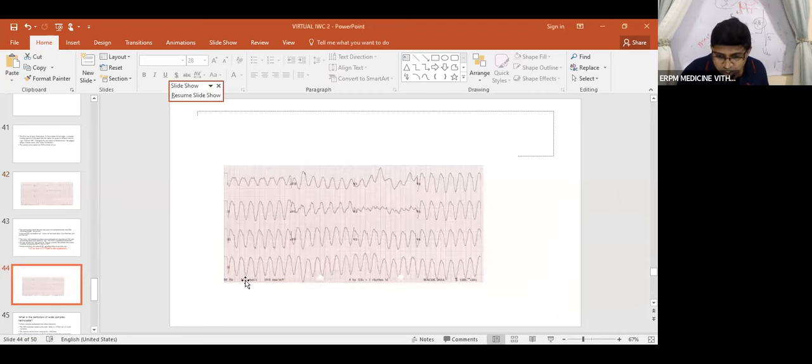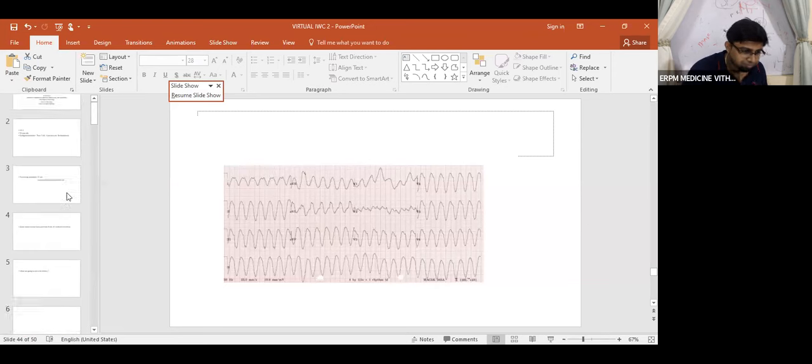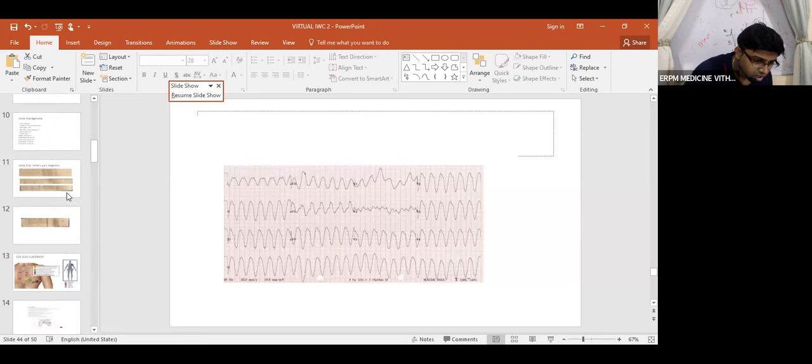You don't see the transition here. Do you understand what I am talking about? Yes or no, guys? Yes, sir. So you don't see the transition here.